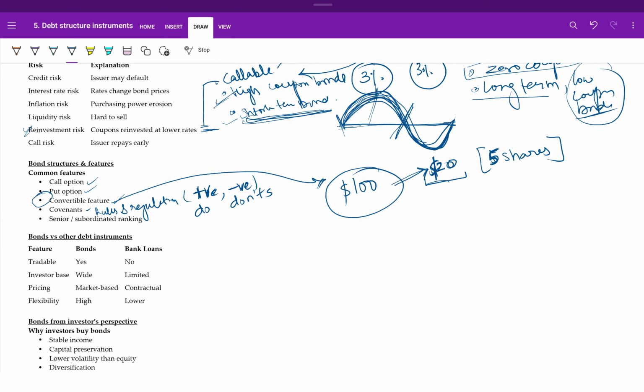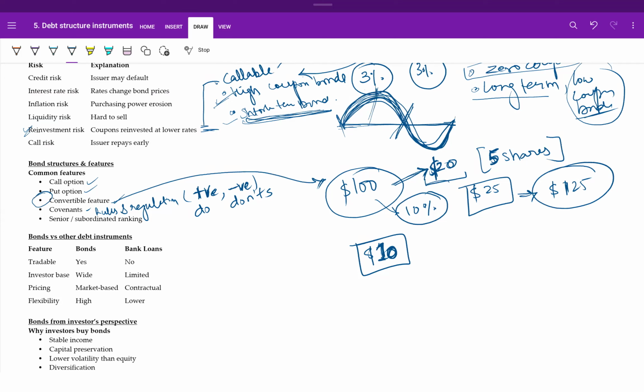Until then, let's assume there is a 10% coupon payment for you. You will be getting $10 every year. But if the stock price reaches $25 and you can have 5 stocks, you will have $125 worth of stocks.